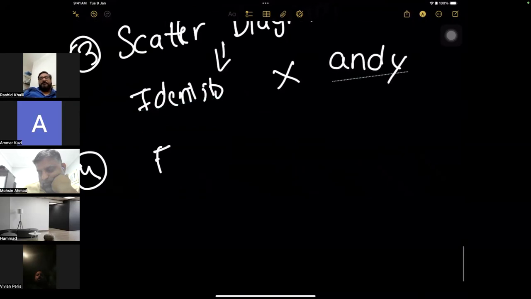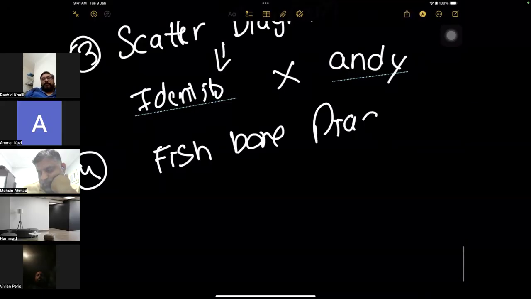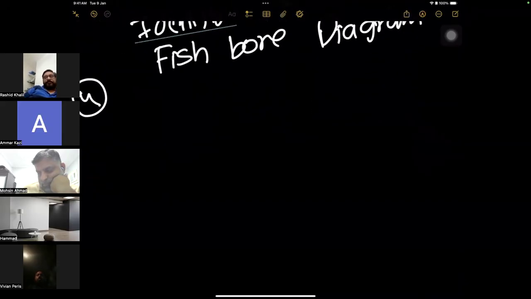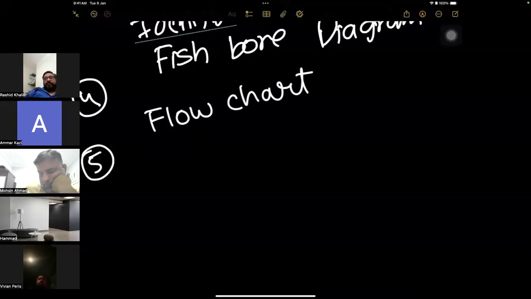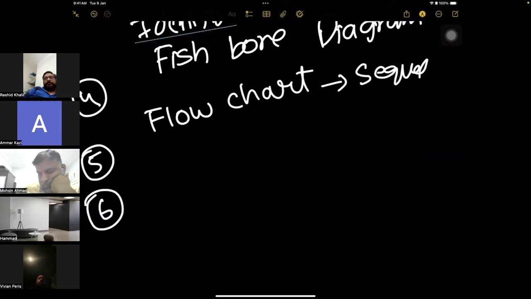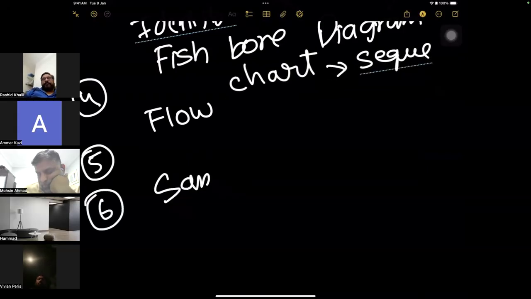What is a fishbone diagram? It identifies the root cause, that is why we use it. What is a flowchart? It shows the sequence of the process: step 1, step 2, step 3. What is sampling?